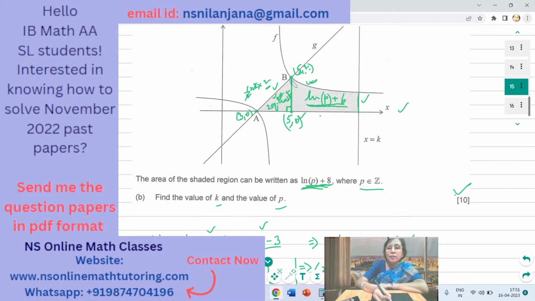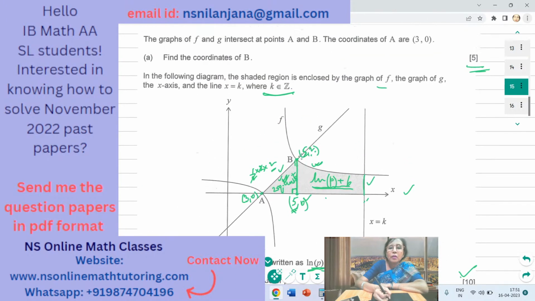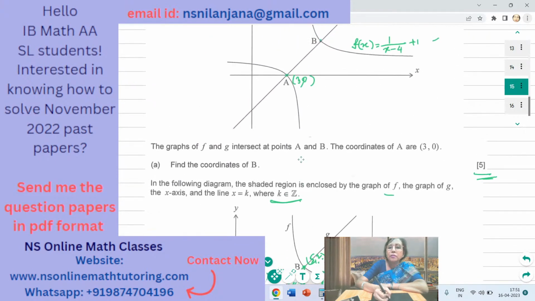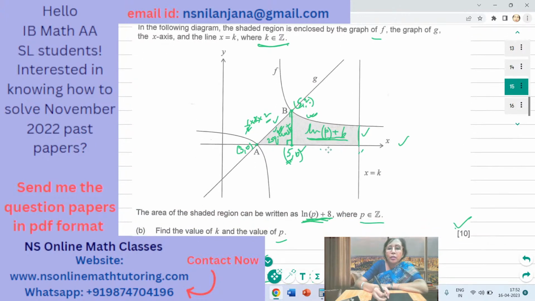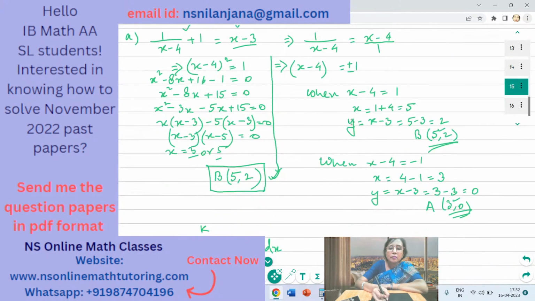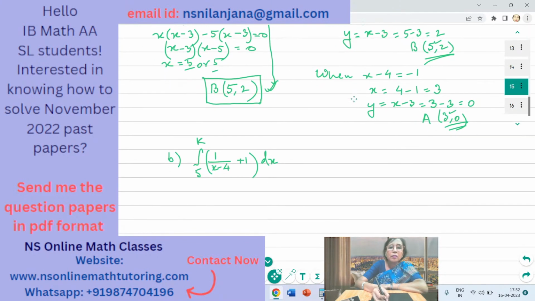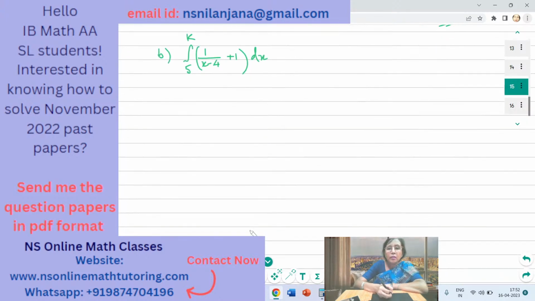The limits are from x equal to 5 to x equal to k. Okay? And the function expression is 1 over x minus 4 plus 1. And this should be equal to ln of p plus 6.